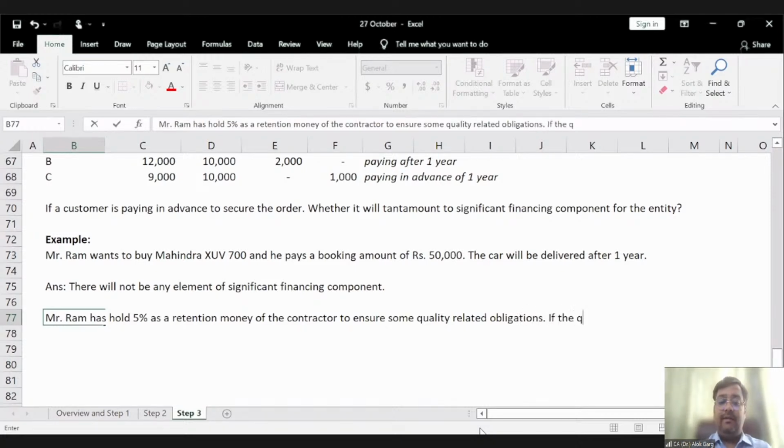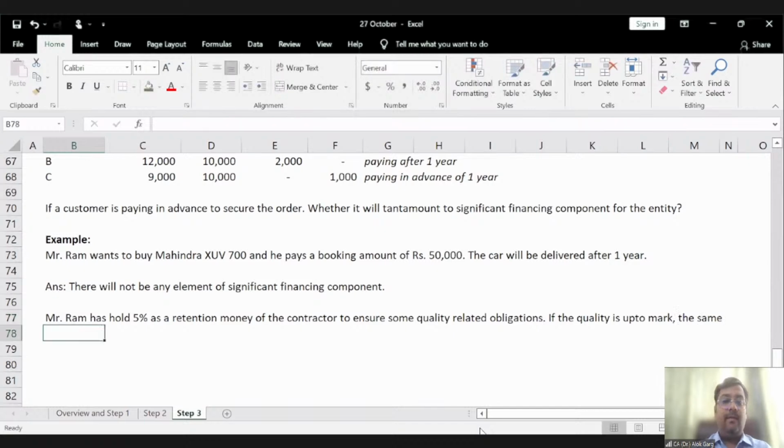If the quality is up to the mark, the same will be paid after 1 year.